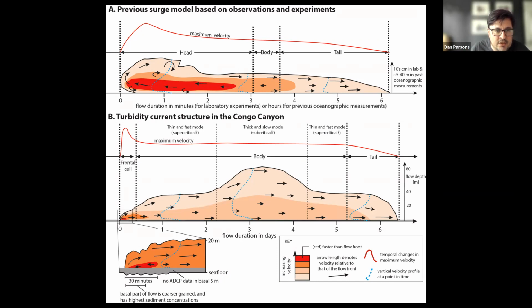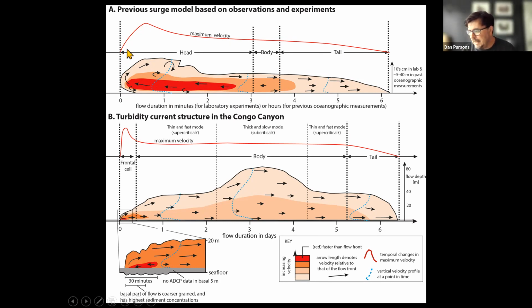Again, here is duration along the x-axis, height on the y-axis, and in this top panel you can see the fast body pushing the head along, with a ballooning of the head as it billows at the top. The maximum velocity of the current is somewhere back of the actual head of the flow, and of course the stratification and all of the processes I was talking about earlier are governed by this overall global structure to the flow.